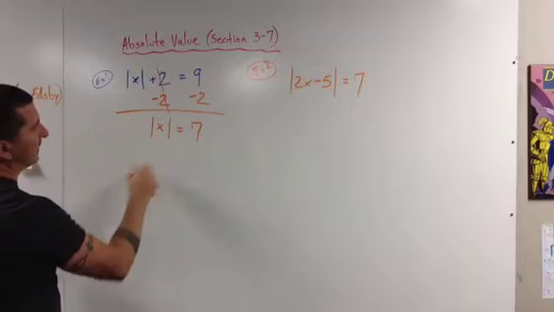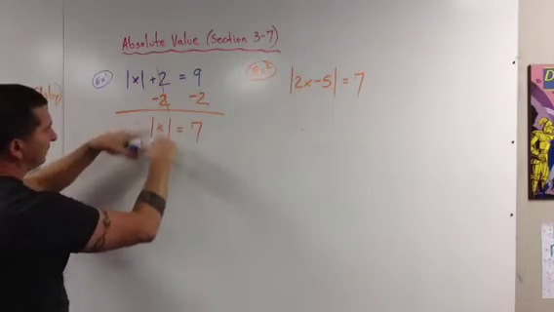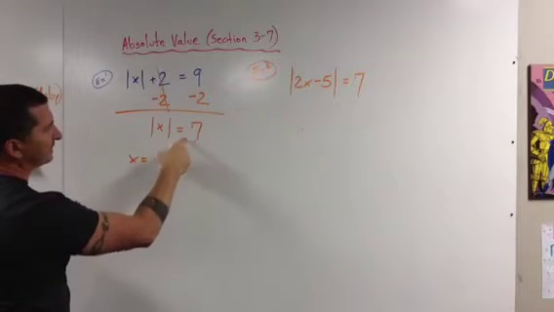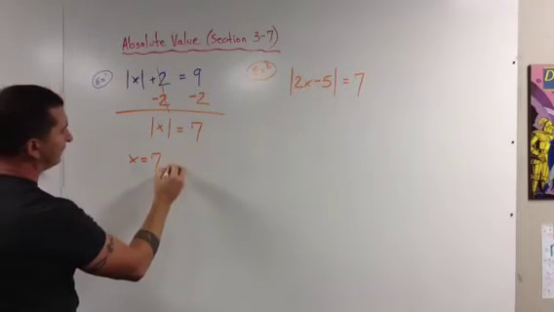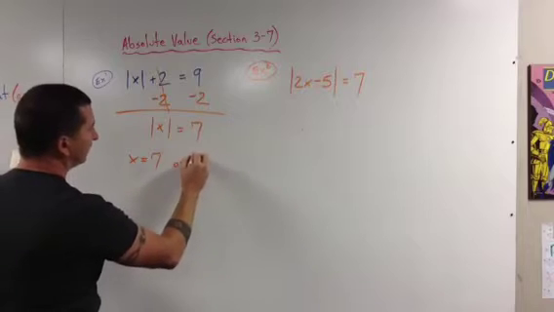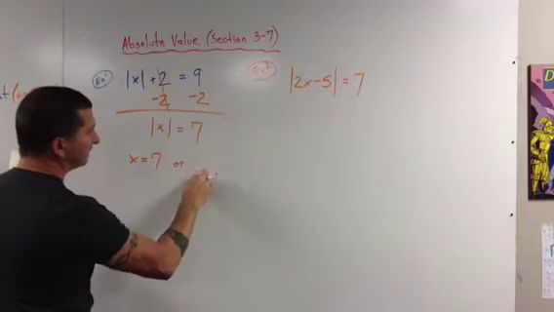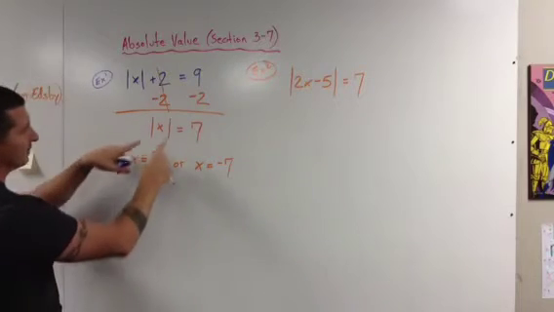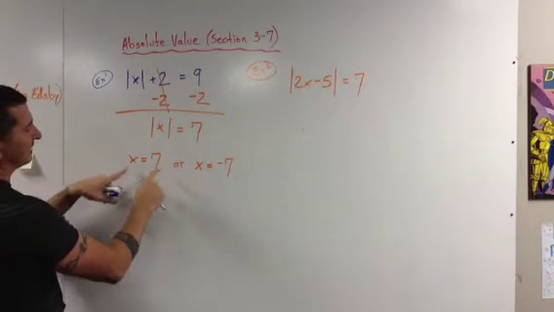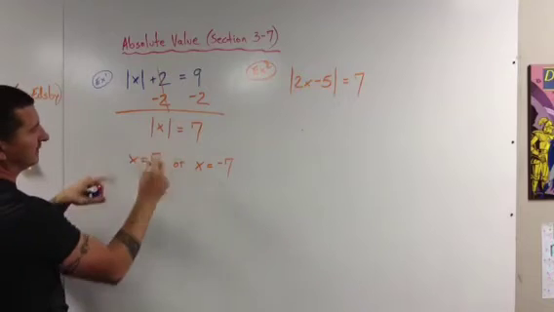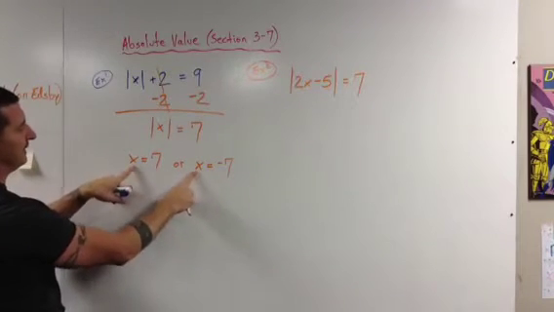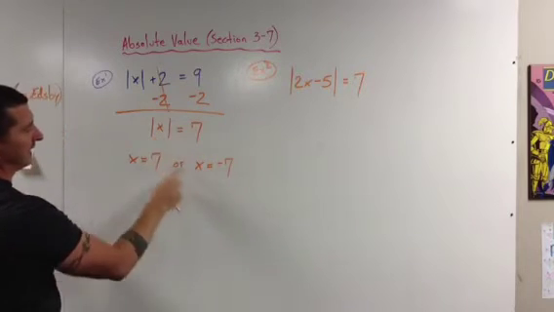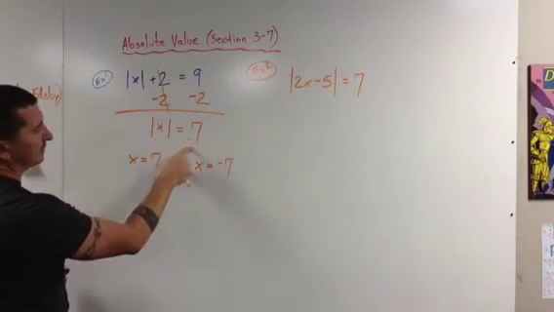So the answer to this problem is you will eliminate the absolute value signs and we say x equals 7, or x equals -7. So once you eliminate the absolute value signs, you're going to write two different equations because x can either equal 7 or -7, because when you take the absolute value of either, your answer will be 7.